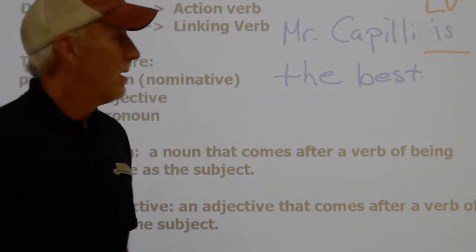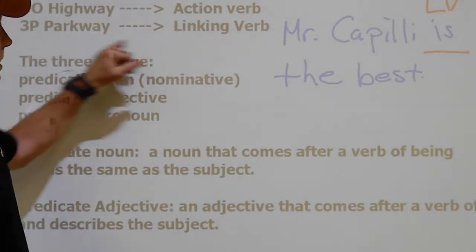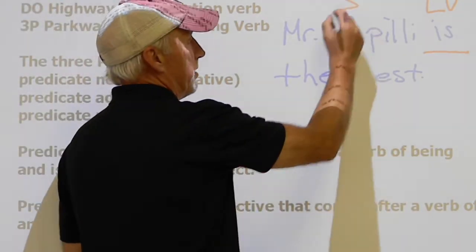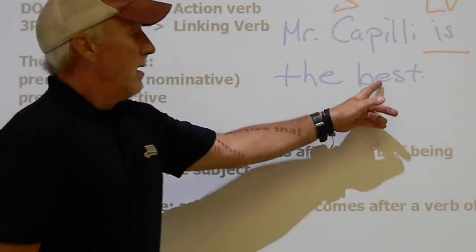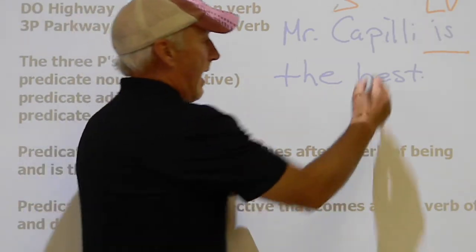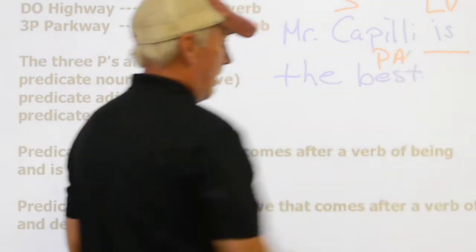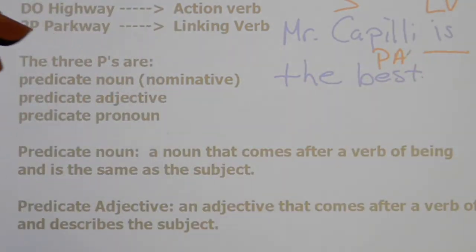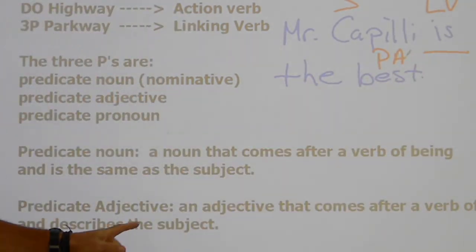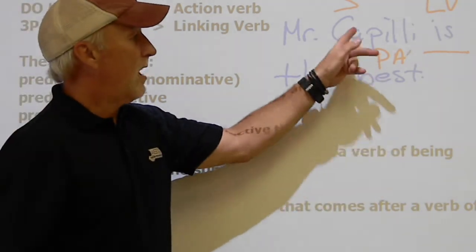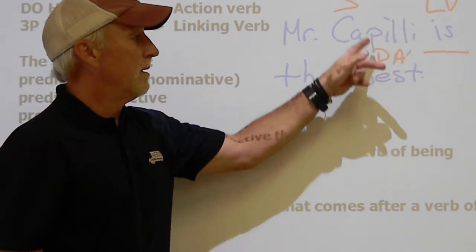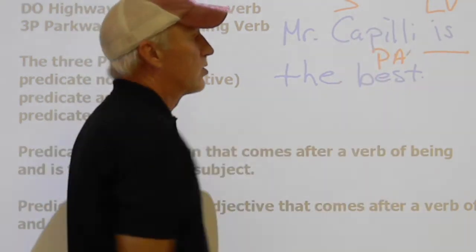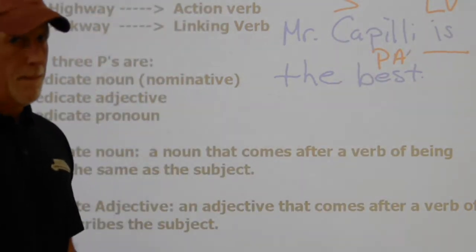We're on the 3P Parkway. Subject, who is? The answer to that question is Mr. Capilli. This is a predicate adjective because it comes after the verb of being and it describes the subject. This is describing Mr. Capilli. It's a predicate adjective describing the subject. It's that simple.